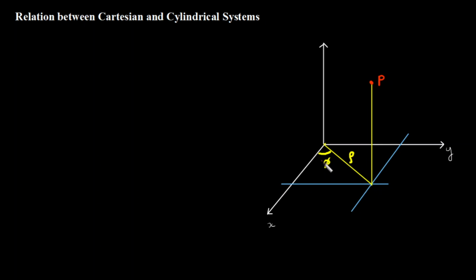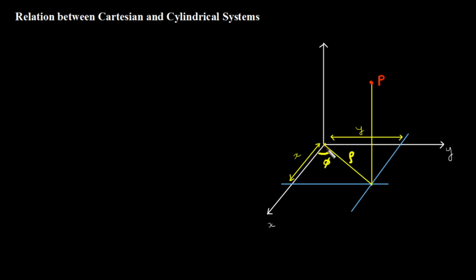So, I have rho, I have phi. Now, let me consider that this is some value of x and this is some value of y, because this is along x axis and this is along y axis.